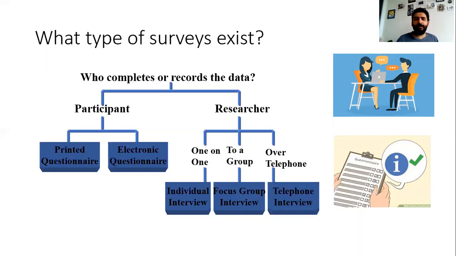And you are not intervening. The questions are there; they are answering them. It can reach more people in a quicker time. You don't need to talk to them one by one. You just distribute some papers, and think about it, in a class you are filling out your questionnaires, right? So you can collect in a quicker time.